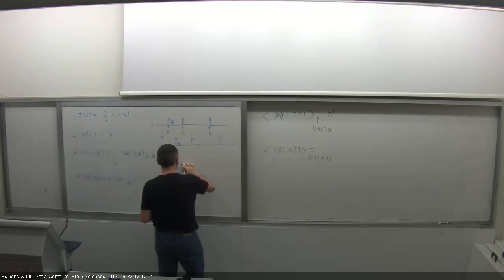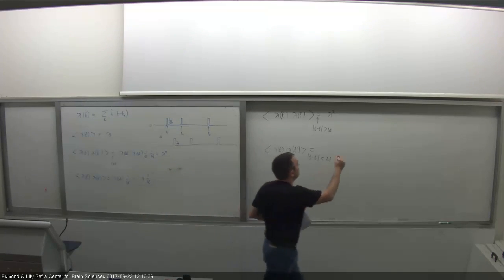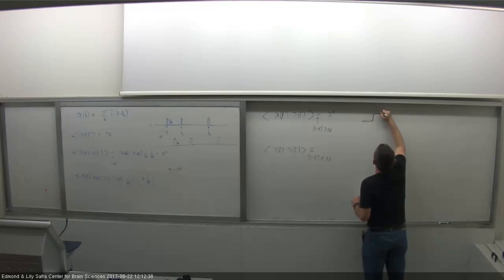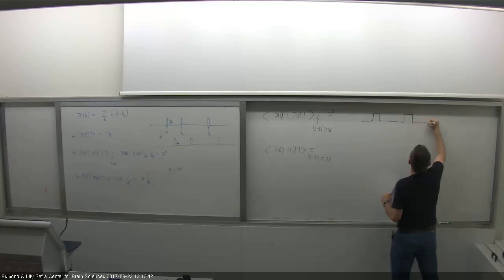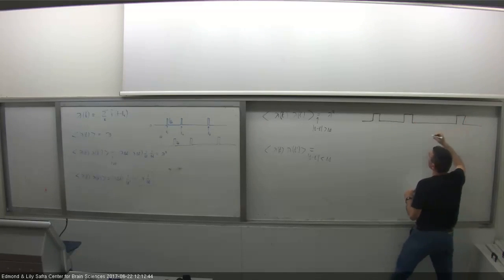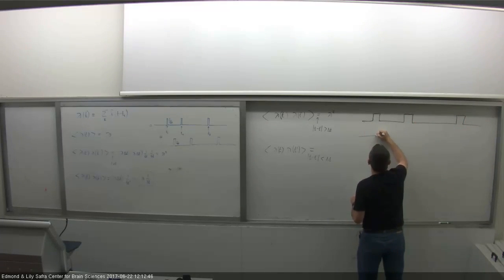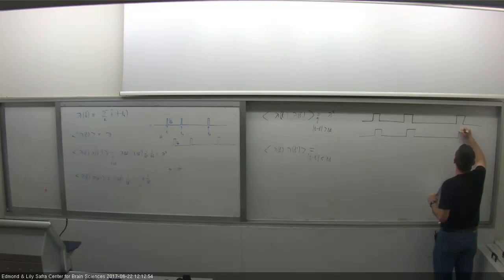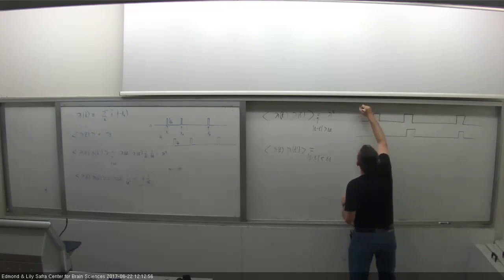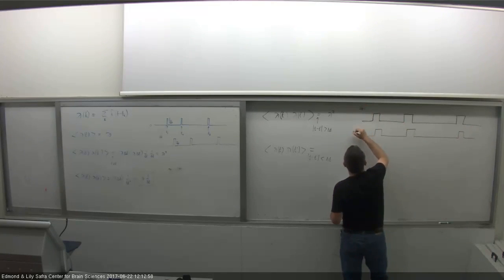So we'll have a signal that looks like this. Let's put it here. So this is our delta t. And this would be the second signal. This would be lambda t. And this would be lambda t prime.